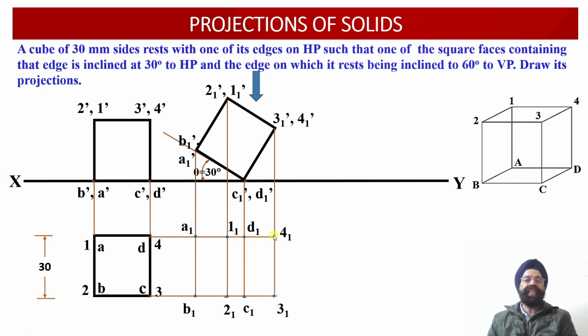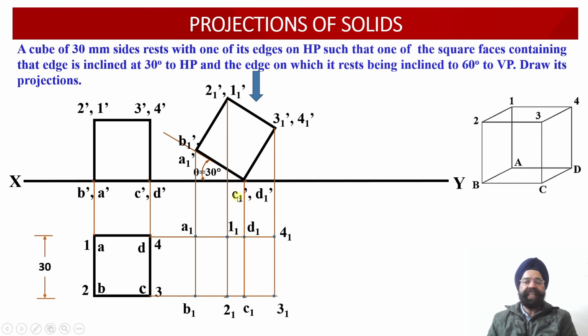Now, which of these edges will be drawn dark, as object line projections, and which of these edges will be drawn dotted, as hidden line projections? Now we can see, as we are going to look at the solid from the top, the farthest points happen to be C1 dash and D1 dash. So any edges which will be joined with C1 and D1 in the top view projection have to be drawn dotted.